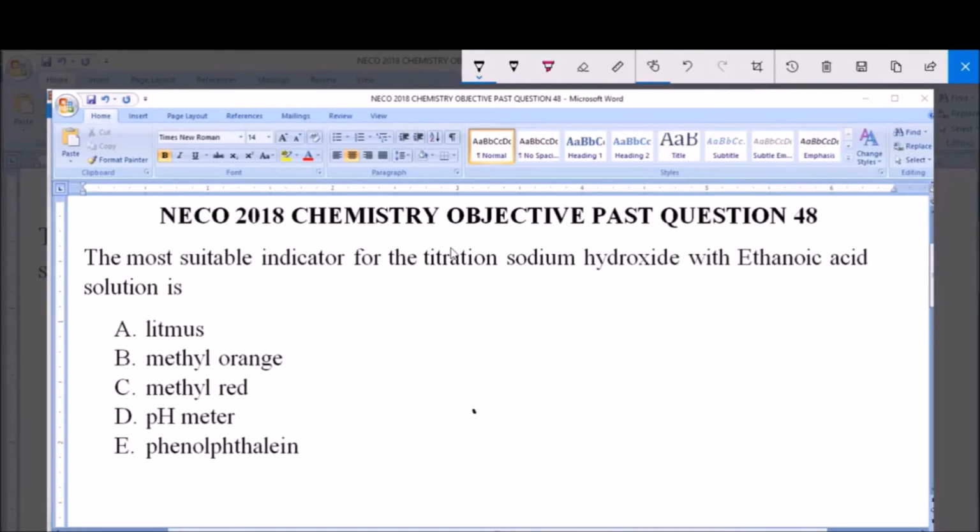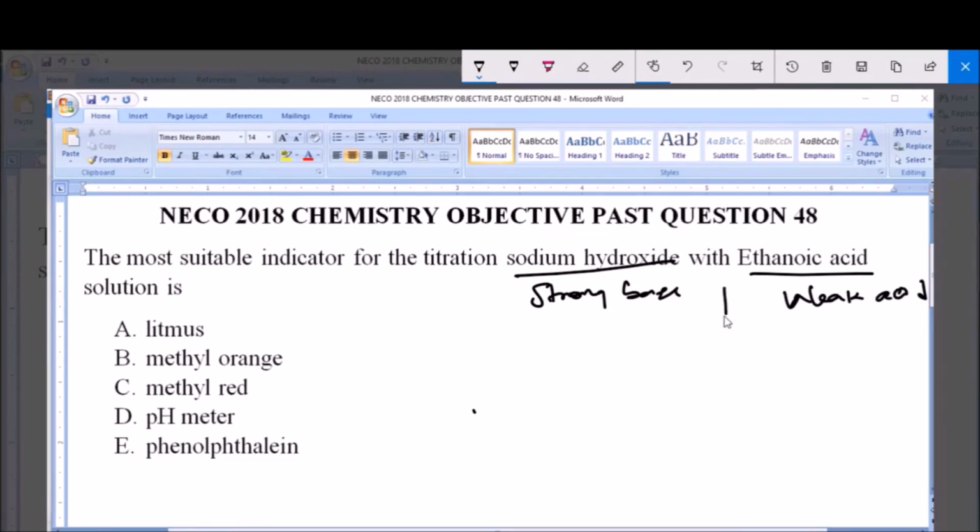Now, the titration of sodium hydroxide and ethanoic acid solution is the titration of a strong base and a weak acid. Sodium hydroxide is a very strong base and ethanoic acid is a weak acid.